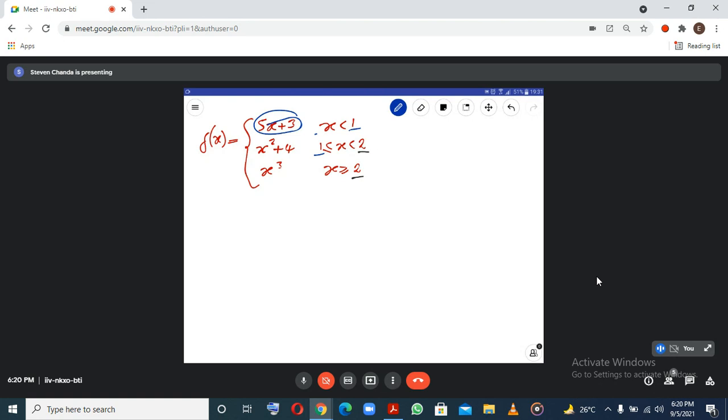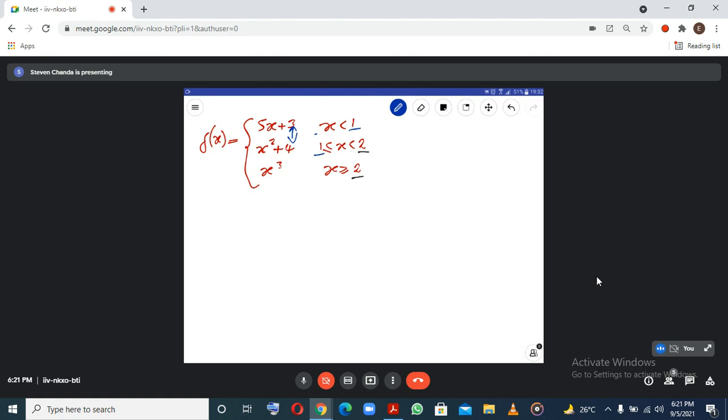The last one is when x is greater than 2. If the function is continuous between the first and second pieces, then when I plug in 1 in the first equation and 1 in the second equation, I should get the same answer. That's very important to take note of.